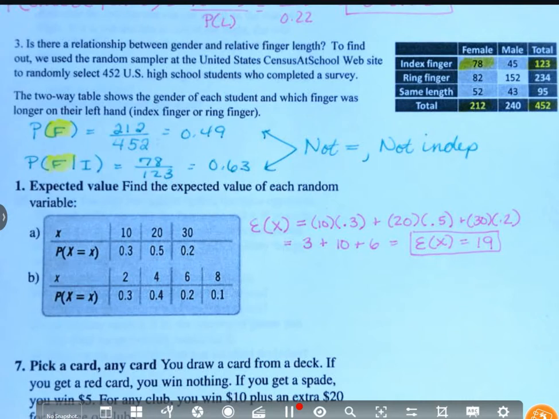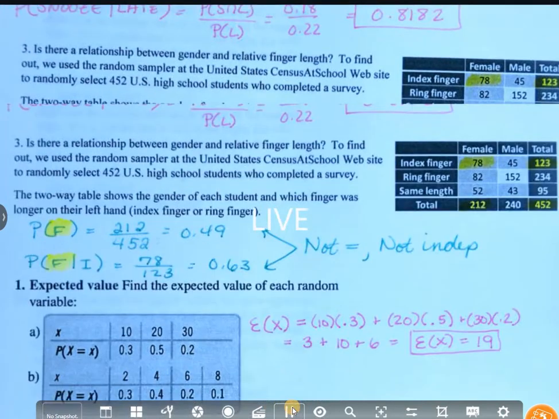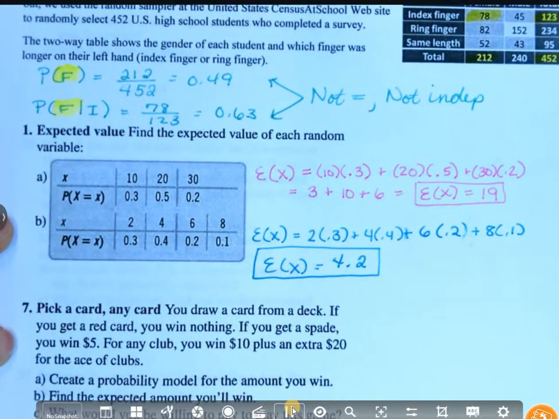Okay, what did you get for 1B? 4.2? 4.2. Beautiful. You can put the 0, you cannot put the 0, I don't care.